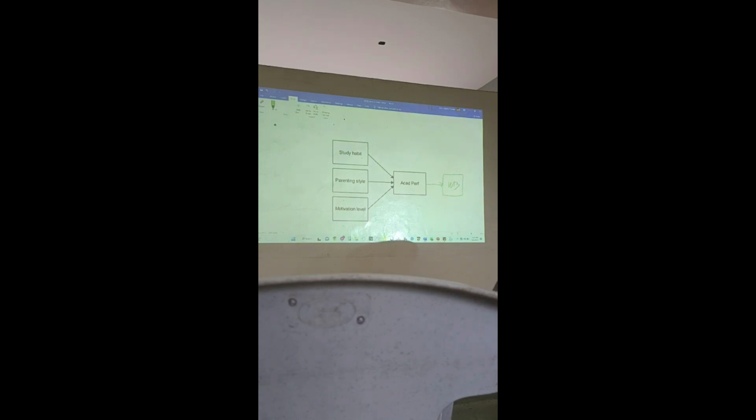Kaya multivariate yan. Chill lang. Fundamental sa modeling yan, ha? Modeling yan. Kaya may univariate model.